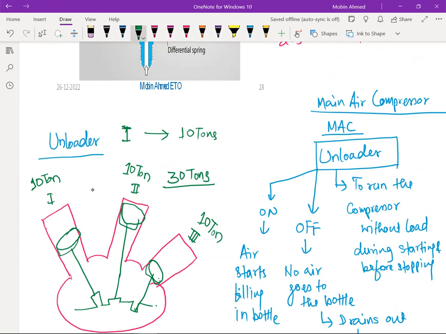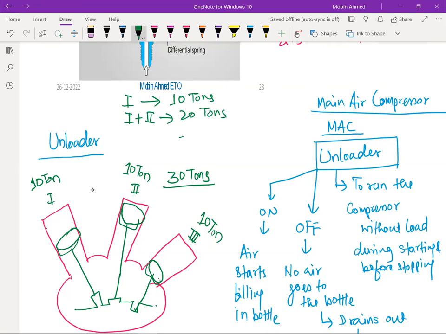Let me write a little higher up. Initially, I will switch on only stage 1, so it gives 10 tons of cooling. Now, if the temperature in the accommodation is rising, then I will switch on both, so it gives 20 tons of cooling.